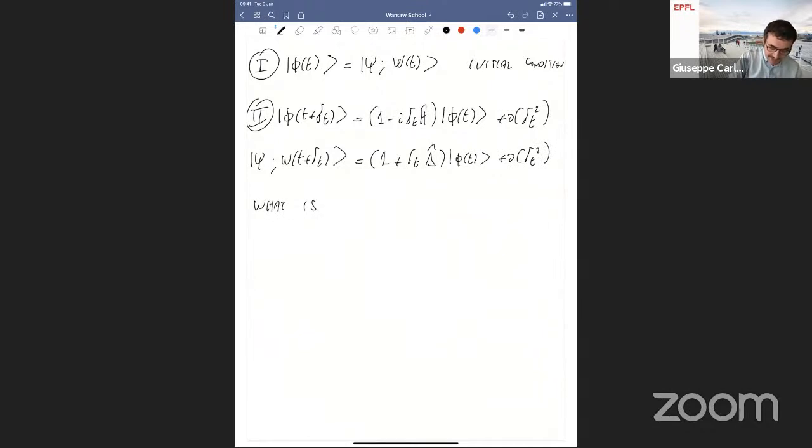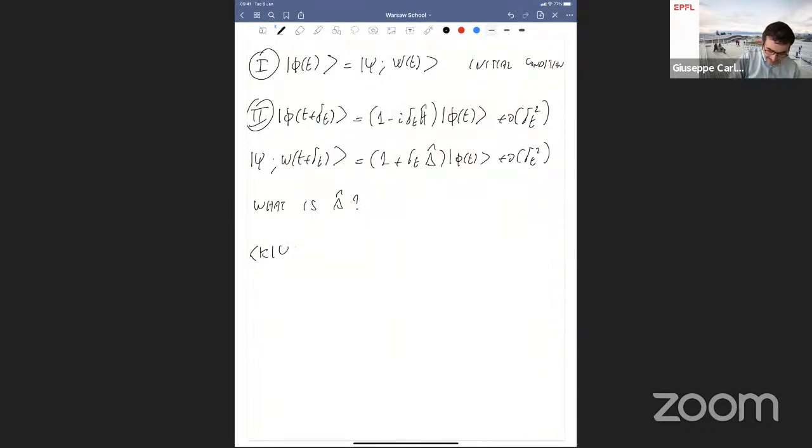So what is the generator of the variational dynamics in the case of a variational parameterization? The idea is pretty simple, because since I'm assuming that these W's have some internal dynamics, in order to find what delta is, you can, for example, compute the amplitudes of my variational state at time t plus delta t.